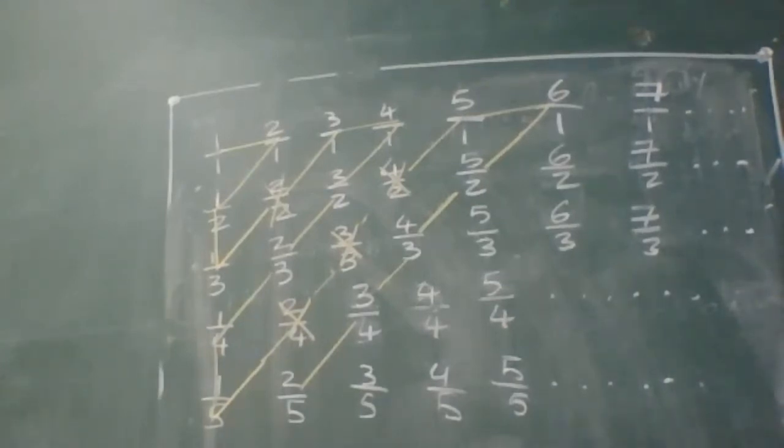And then just the way you went from whole numbers to integers, similar way you can create a new list.